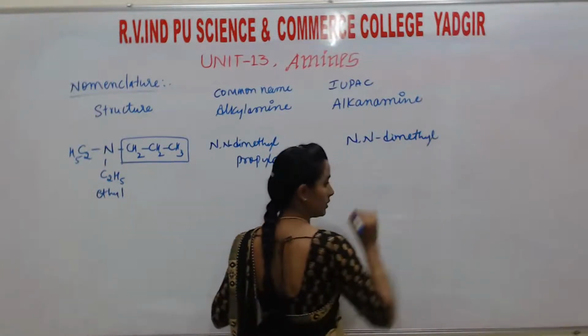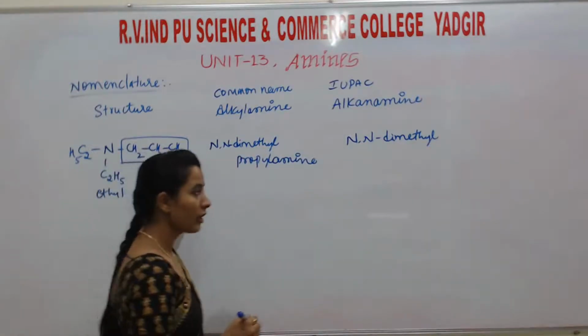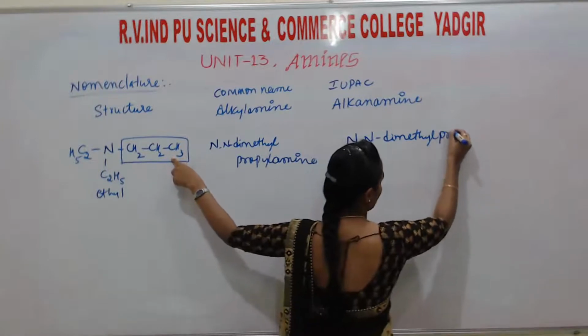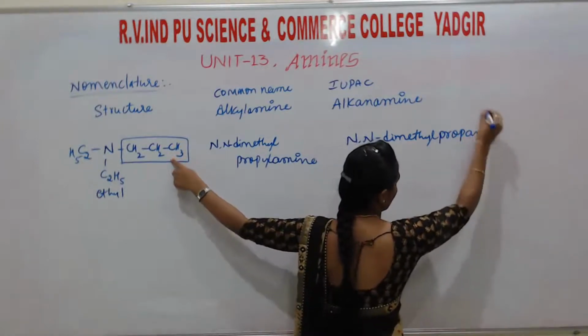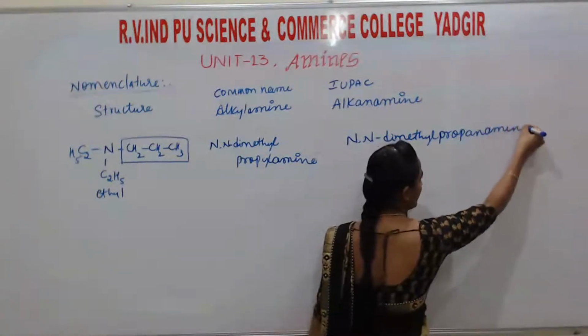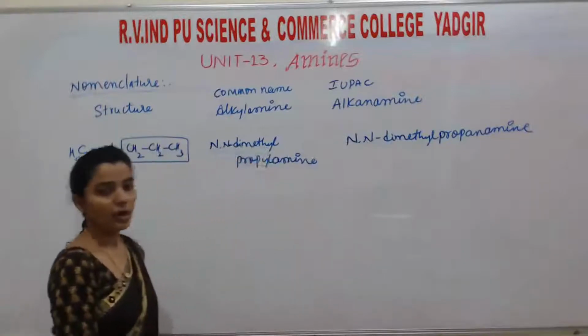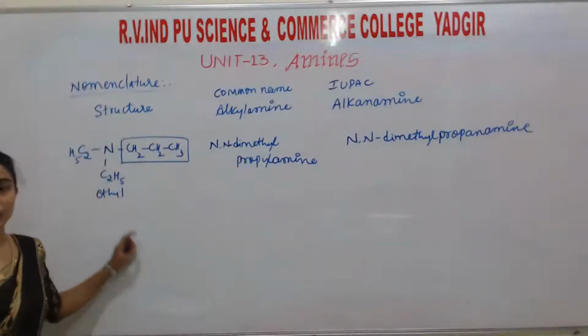So these two are what? Substituents. What is the parent chain here? 3 carbon atoms, propane. Correct? E is there, but the last E is replaced by amine. So that is N, N dimethyl propanamine. Are you getting?